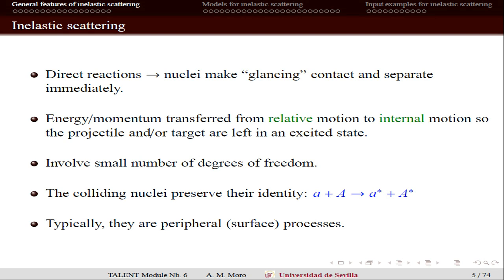They exchange some momentum, and one of them eventually gets excited, and this typically occurs because the reaction is peripheral. For a head-on collision, typically other processes like fusion or compound nucleus formation will take place. So this happens because we have a peripheral reaction in which they barely touch each other. Okay.